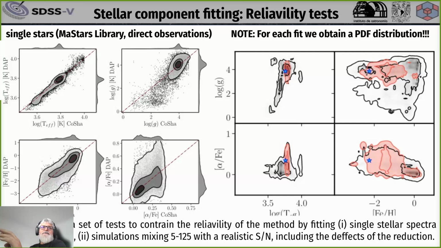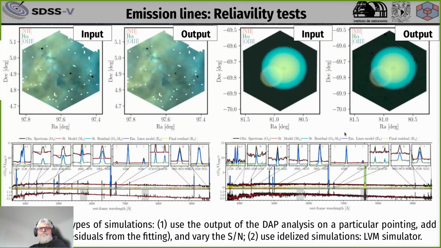Well, there are some examples that are shown in the article of a simulation of real data, perturbed ad hoc, and this is the input values. We perturb them and we fit again, and this is the output, and this is the spectra integrated and how the emission lines are fitted.